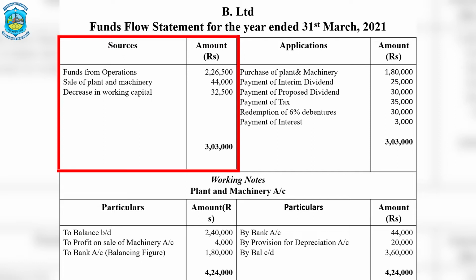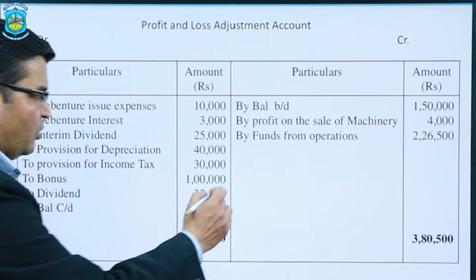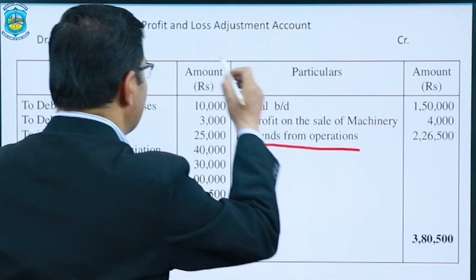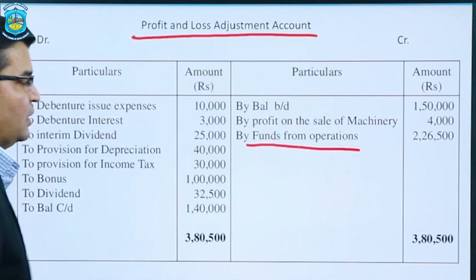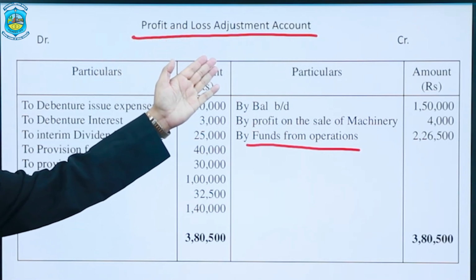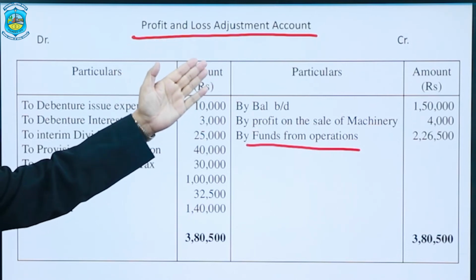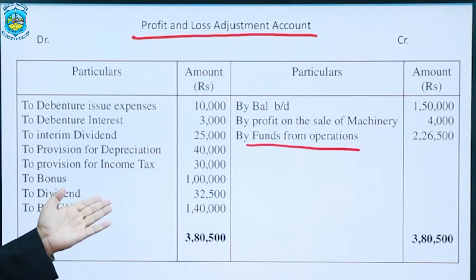Here, the most important source is funds from operations, which we will understand through this working note. To understand this funds from operations, we will have to prepare this profit and loss adjustment account. This profit and loss adjustment account shows the opening and closing balances of profits during the year.